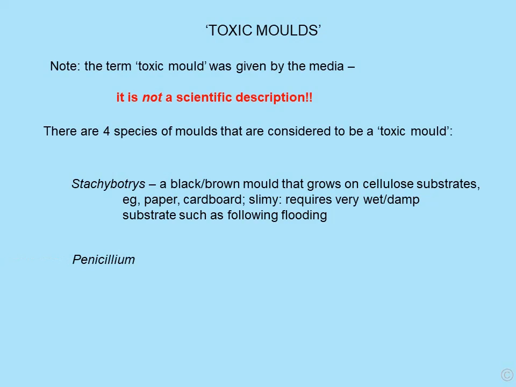Some Penicillium are grouped in relation to toxic moulds. Aspergillus, usually Aspergillus fumigatus, which is farmer's lung. Also, Aspergillus fumigatus is present in large quantities in potting compost, greenhouses, home potting in properties, etc. And finally, Fusarium.